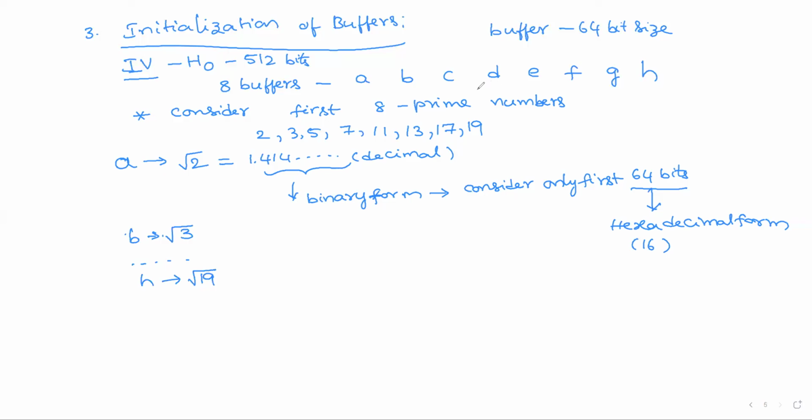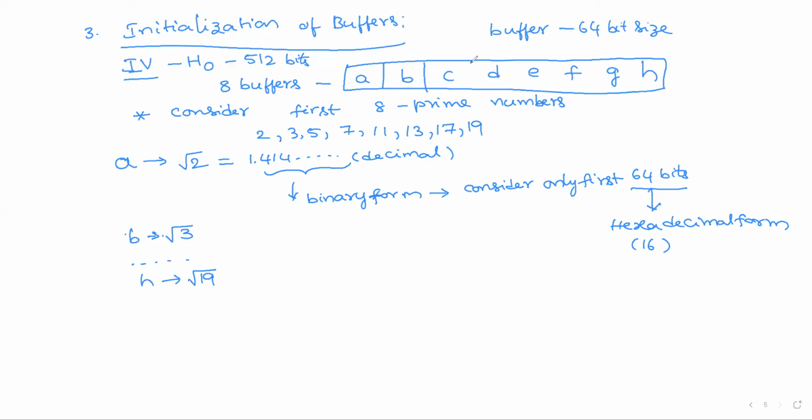What is the use of these buffers? These buffers are used to store intermediary results and also to store the output. So these buffers are first initialized with the square roots of the first 8 prime numbers in hexadecimal form. Okay, so your initial vector will actually look like this.